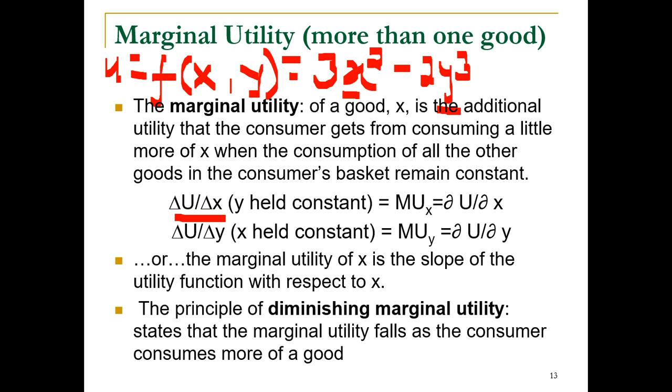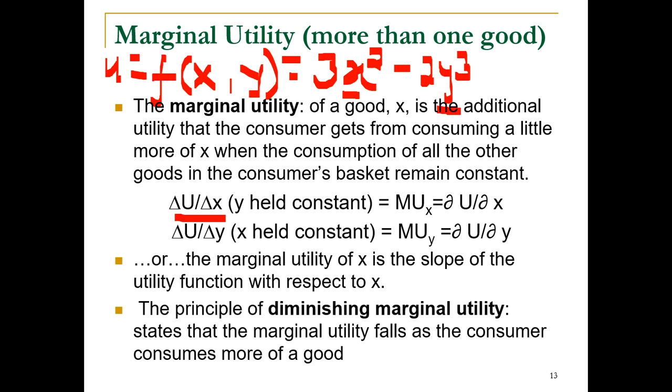So if we're getting the marginal utility with respect to good x, we're just going to differentiate this part. Why? Because this is where x is. When getting marginal utility with respect to good y, we're just going to differentiate this part. Why? Because this is the only part where y is contained.